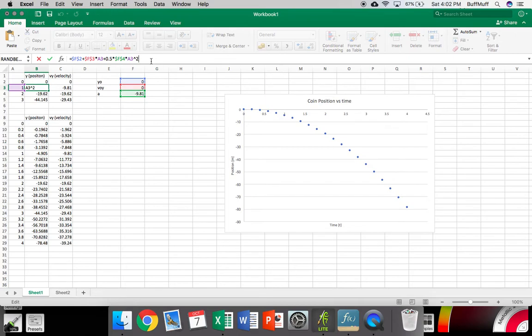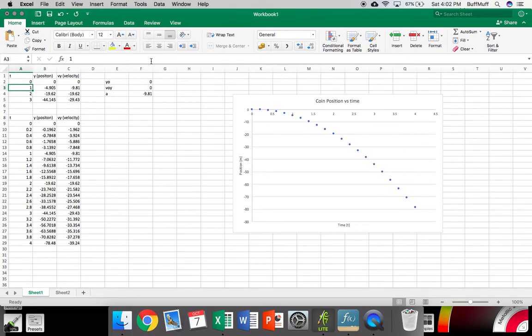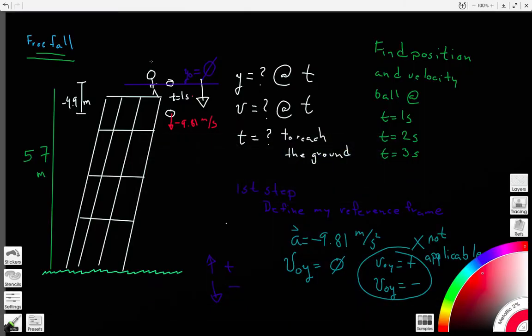That way I can make it do more calculations instead of putting them manually in the calculator, right? So look, at 1 second, it checks out with what we just calculated. At 1 second, my y position is negative 4.9, and my velocity is negative 9.81. Negative is indicating that the velocity is going downwards.